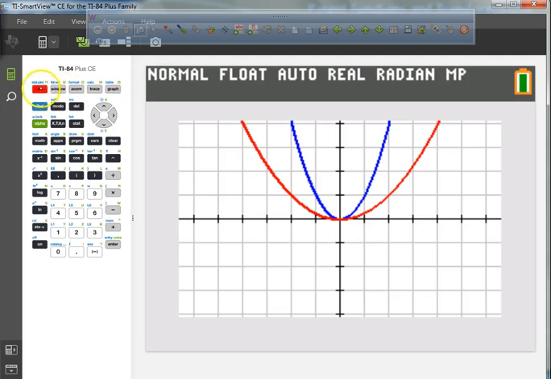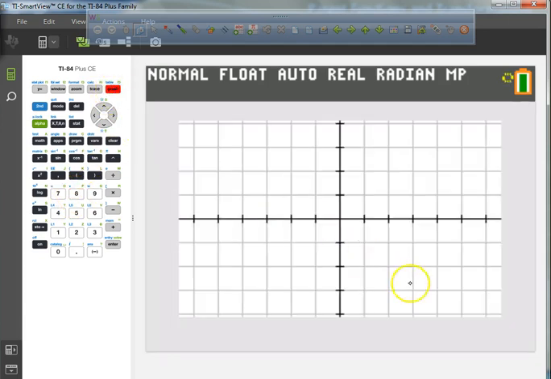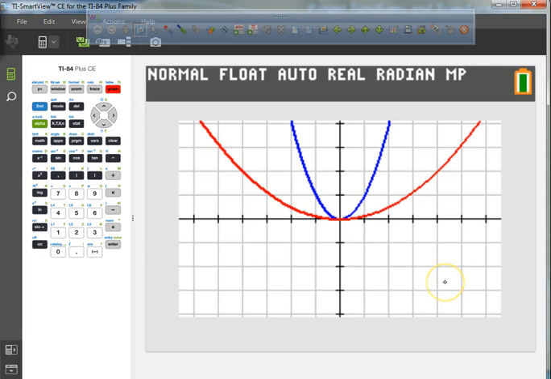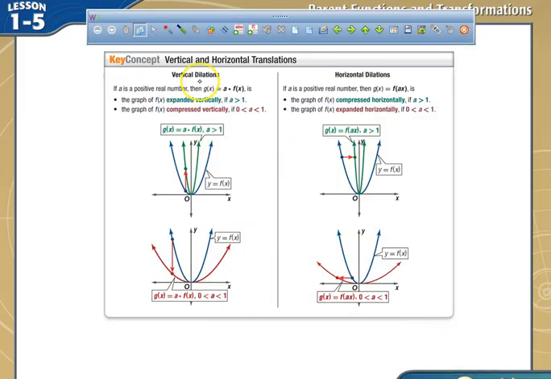If I want to go even further away, I could say a 7th, or I could even say an 8th. That's going to be compressed further and further away from the y-axis. So in review, we have vertical dilations: you're either expanding them vertically or compressing them vertically.